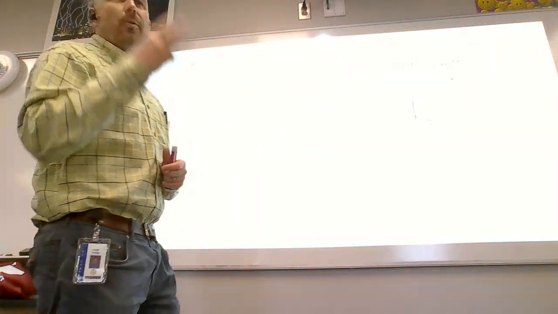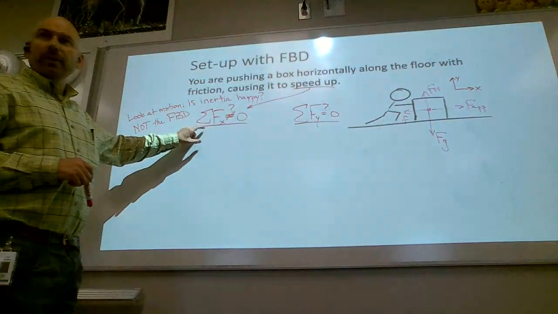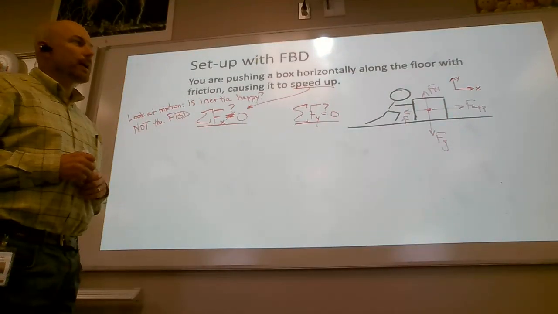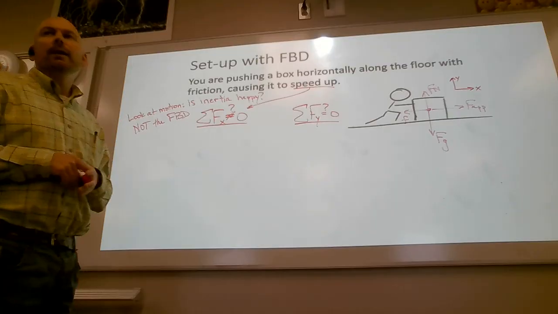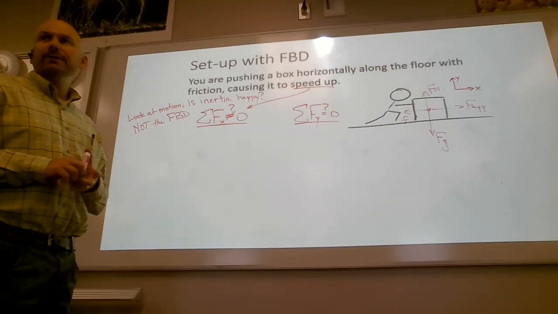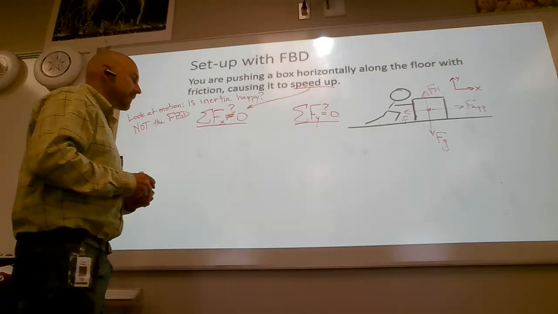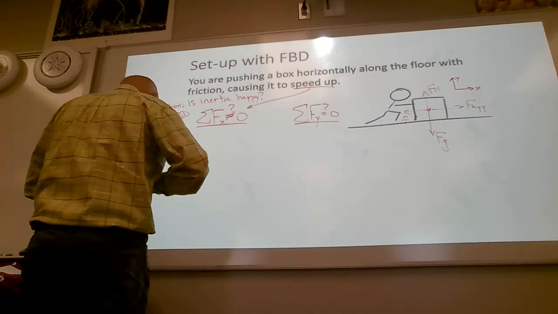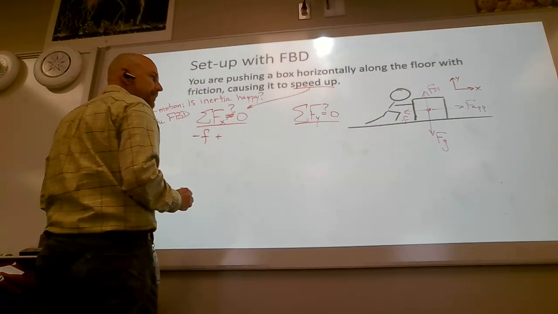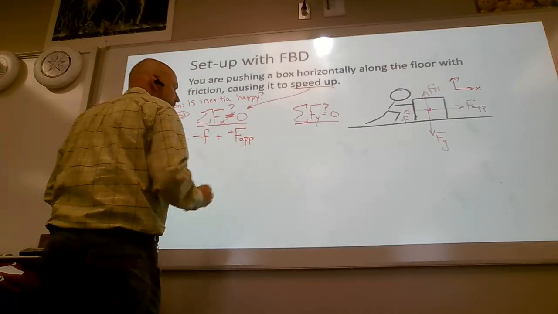Okay. Step 4. We are adding up. I want to add up all the forces that are going on in the x direction. Okay. So what forces are acting just in the x direction? And are they positive or negative? I got friction. Is it positive or negative? Negative. So I have negative friction plus a positive applied force. Okay.